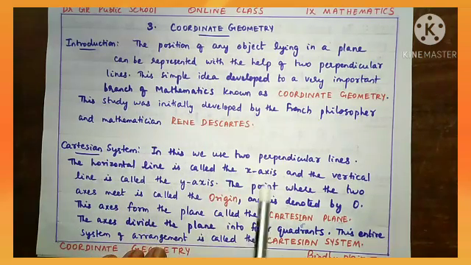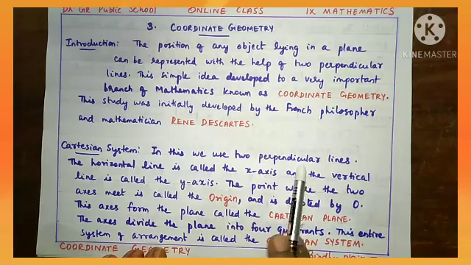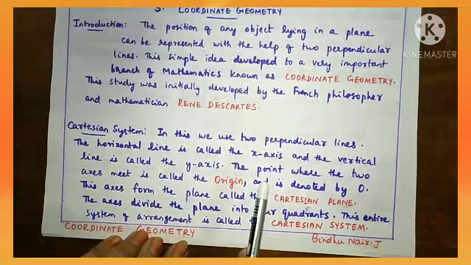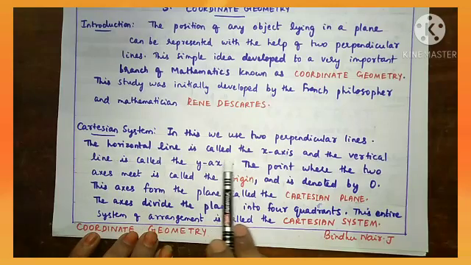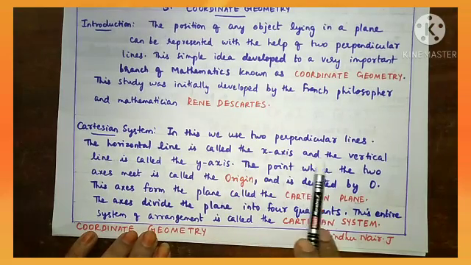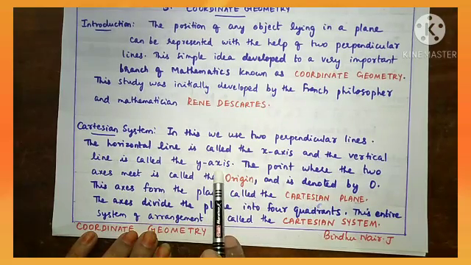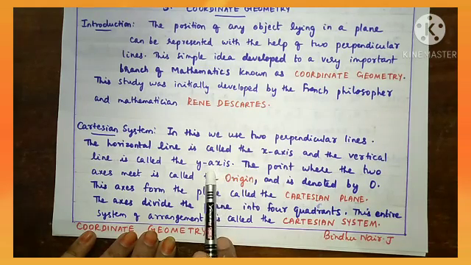In this we use two perpendicular lines. The horizontal line is called the x-axis and the vertical line is called the y-axis. From the introduction video you could recall how to draw the x-axis and how to draw the y-axis.